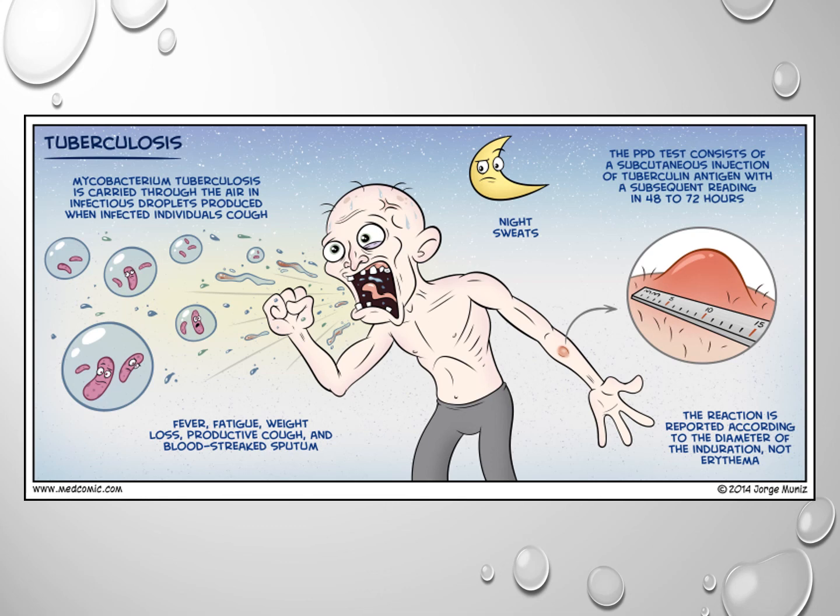And on the right side of this slide, you'll see it's called a PPD test, which is a subcutaneous or intradermal injection of tuberculin antigen that we use to test patients for any contact with tuberculosis in the past. So an injection is put just under the skin, and then 48 to 72 hours later, it's read to see if it's a positive TB skin test.